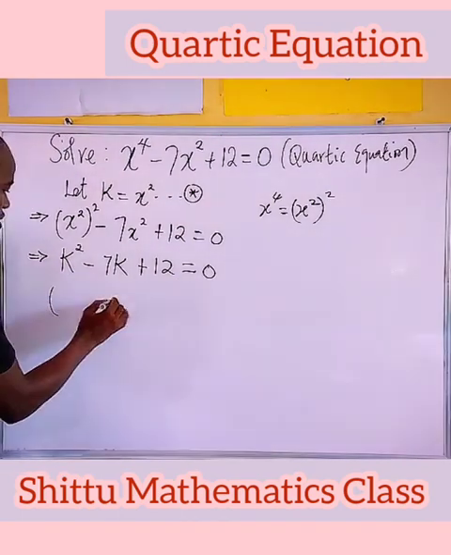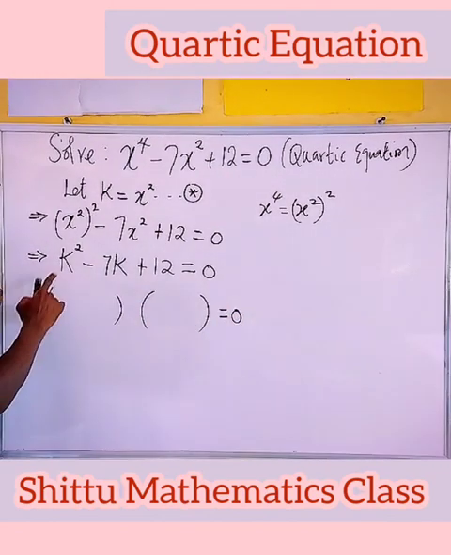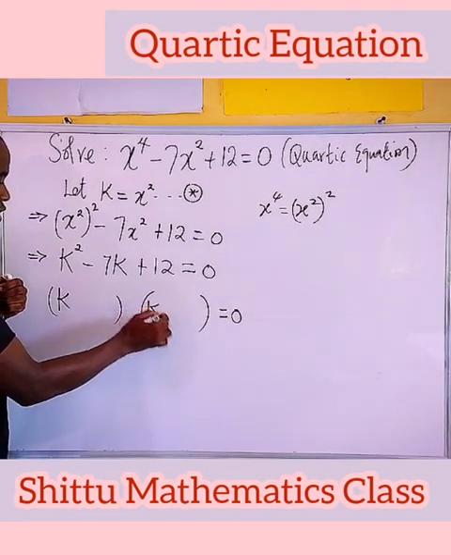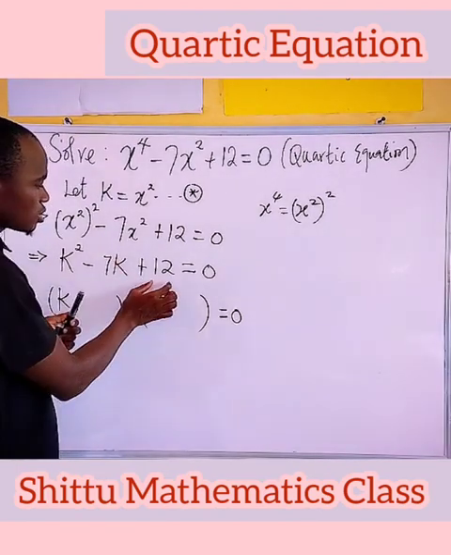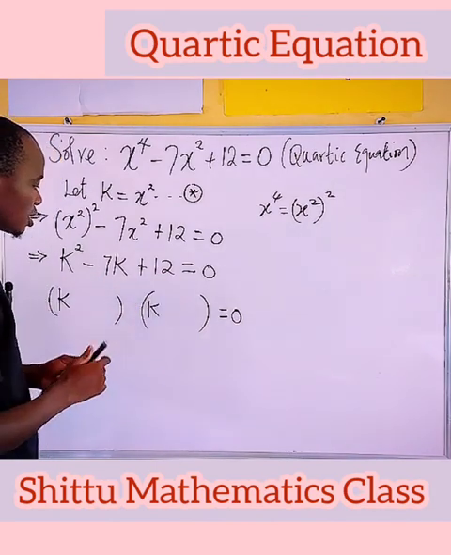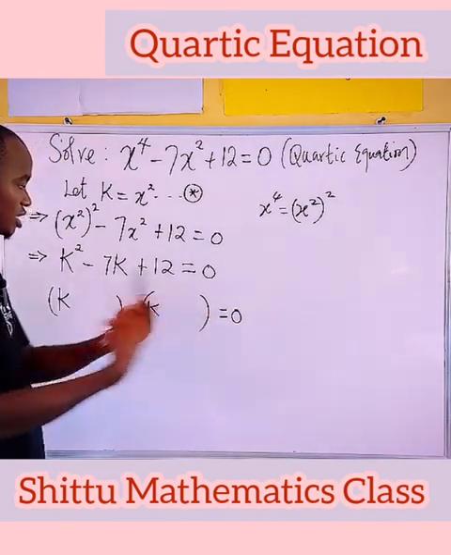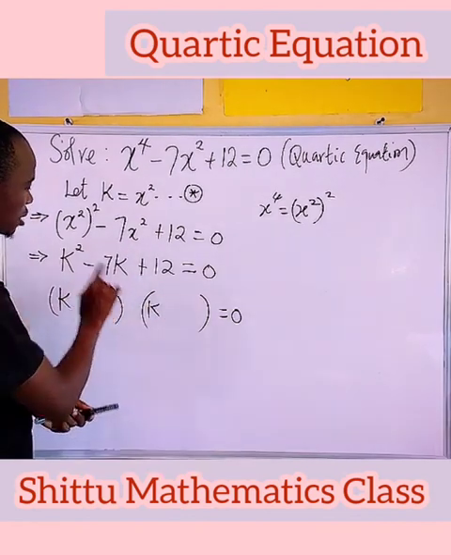Let's use this form, equals 0. Here we have k. We look at the constant term, which is 12. We look for the two factors that, when we multiply them together, give us this 12, but when we add them, give us the middle term, which is minus 7k.